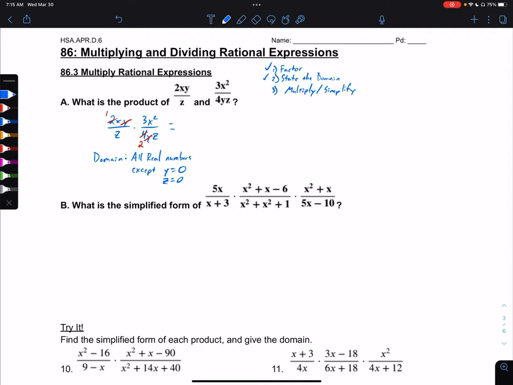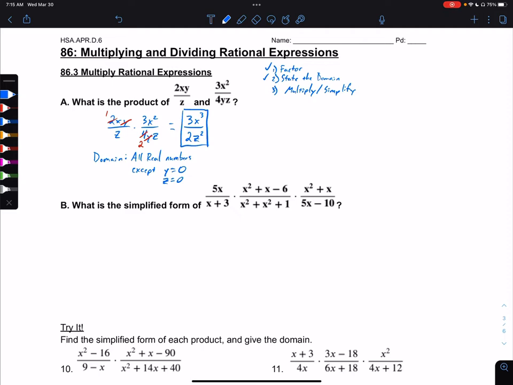So my numerator is x, or 1x, times 3x squared. That would be 3x cubed, right? So x times x squared. And my denominator, I have 2z and z, so that would be 2z squared. Just check again to see if you can simplify. If you can simplify this step, you probably missed something in the previous step, but there's nothing wrong with simplifying here. All right, you could combine them.